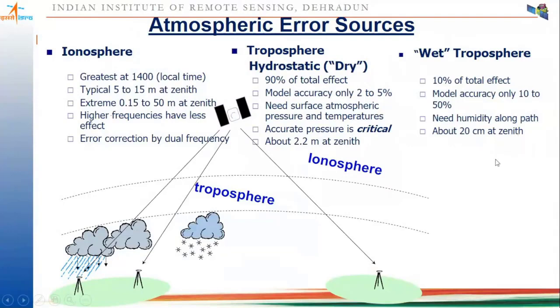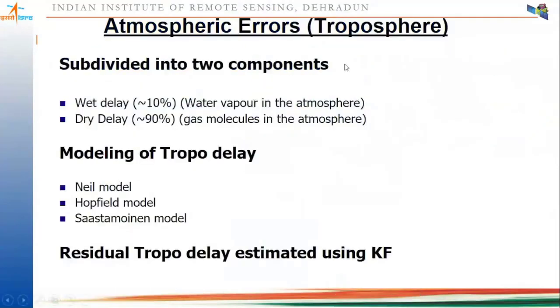So these are the hydrostatic and wet delays. Wet delay is because of water vapor content in the atmosphere, and dry delay is because of gas molecules in the atmosphere, and it contains almost 90% of the part.